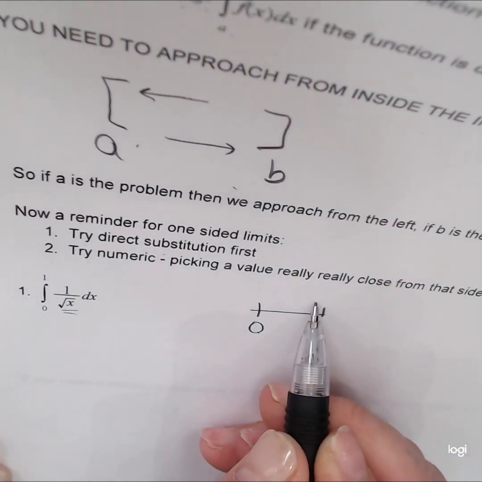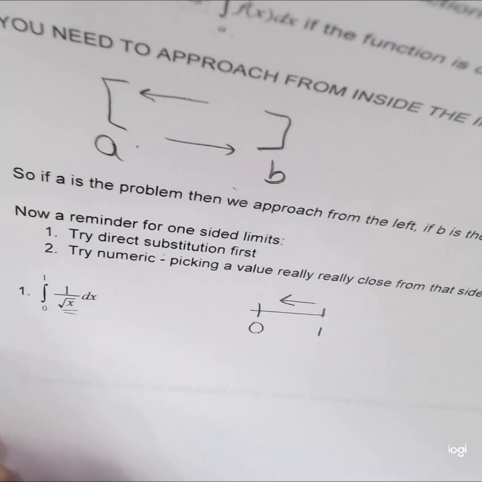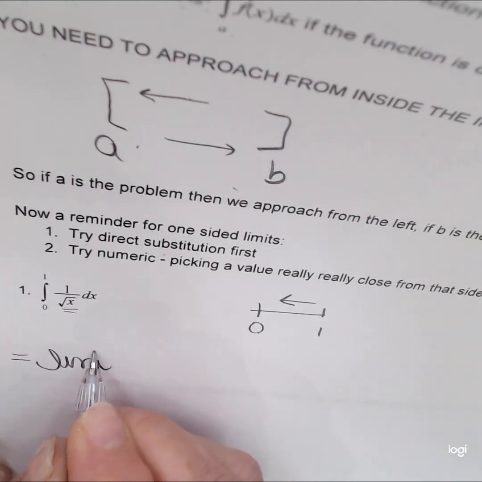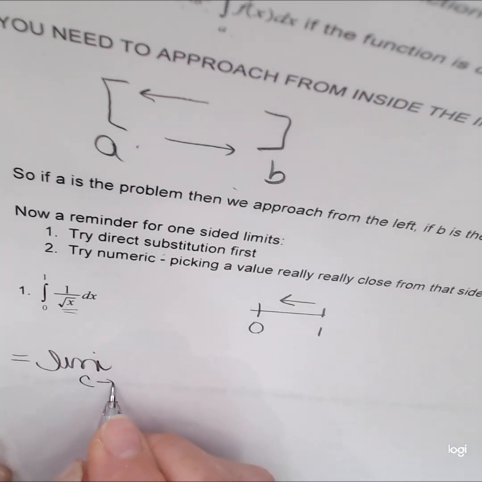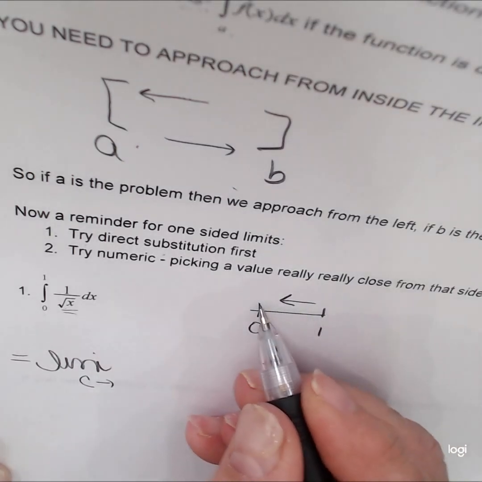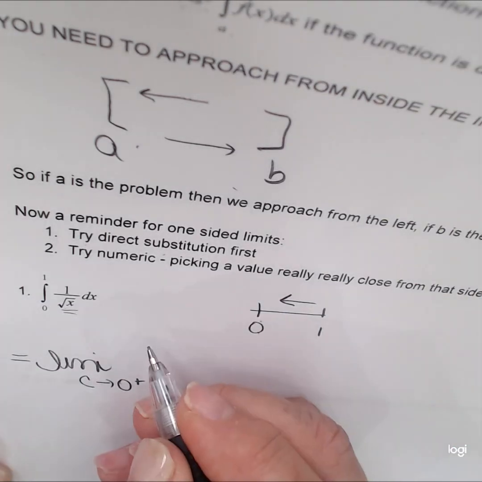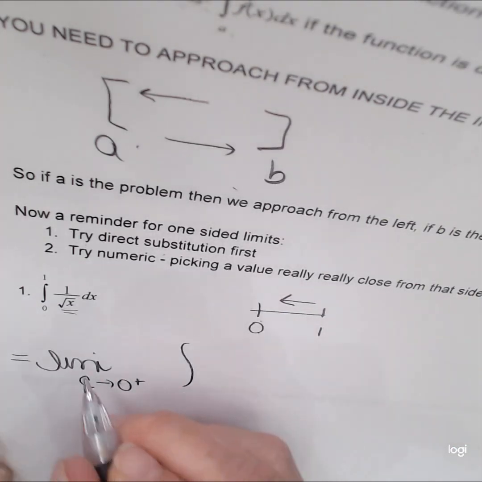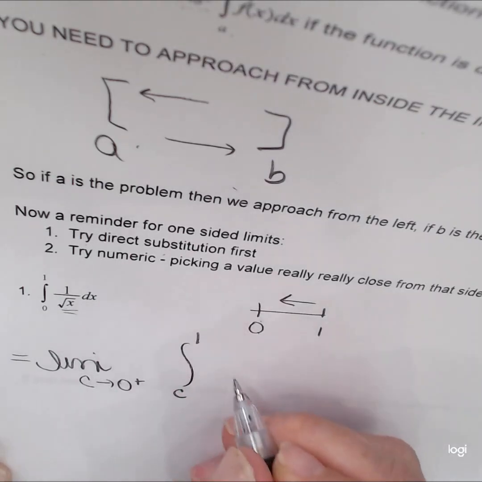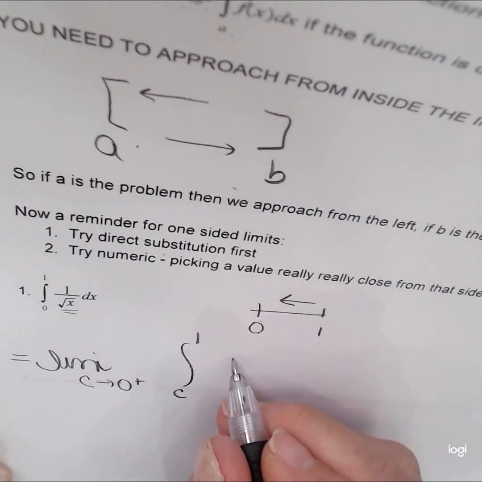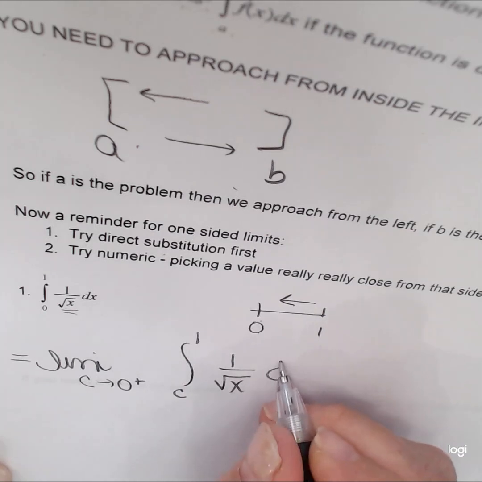Now, if I need to come from inside the interval, that means I'm going to have to approach it from that way. So this will then become the limit as c approaches 0 from the right, because that's the only way we can get to it, and then we're going to replace that 0 with a c. And then we'll just do our regular integration, 1 over the square root of x dx.